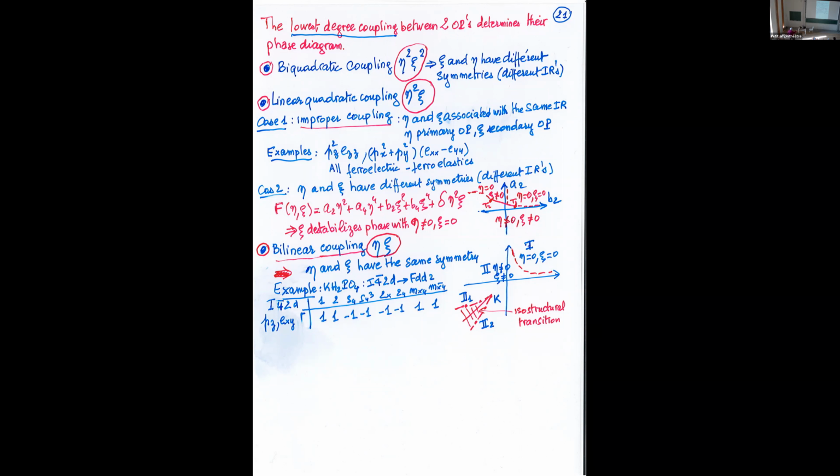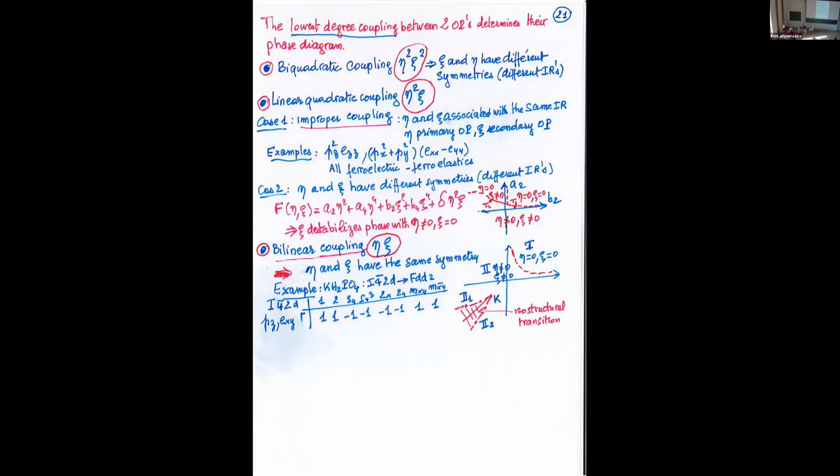You will not have the phase with eta different from 0 and psi equal 0, and you will also have a phase with eta equals 0, psi different from 0. So you have the disappearance of one of the possible phases because of this linear quadratic coupling. So psi destabilizes the phase with eta different from 0, psi equals 0.